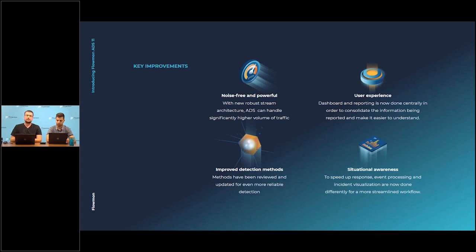We also work on situational awareness. So we are now able to provide you with fewer detected events, so you are not overwhelmed. And we also provide deeper detail in each detected event.